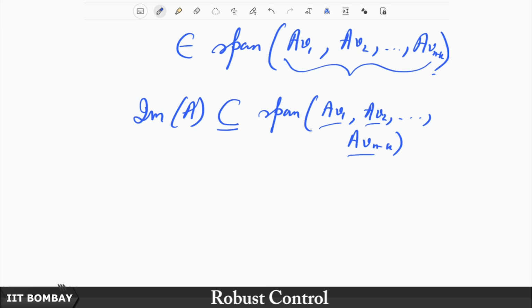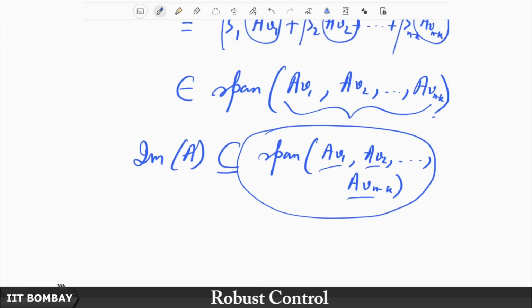We need to prove that you cook up any vector in this vector space, and you try to see whether that vector belongs to the image of A. In other words, if for any linear combination of these fellows that you can think of, there does exist some element in V such that V gets mapped to this, then we will be done.